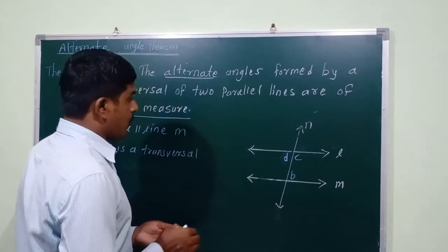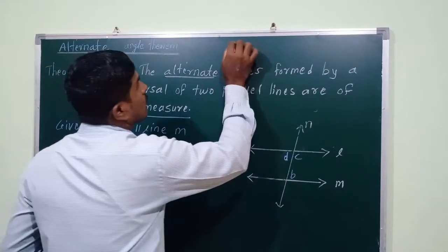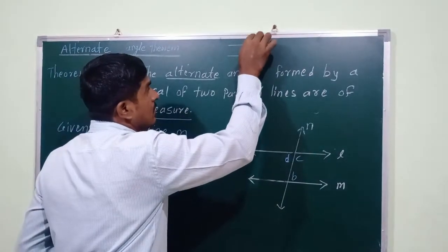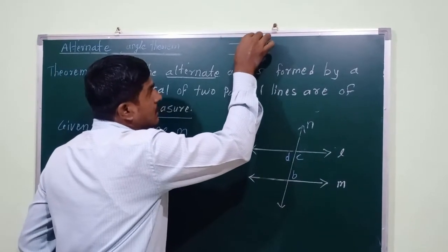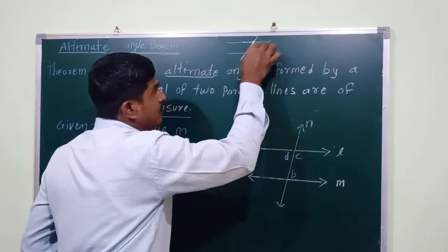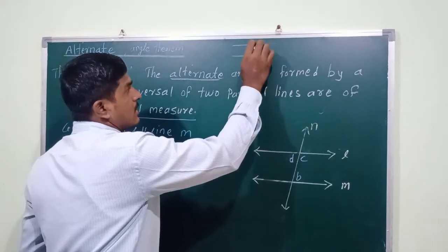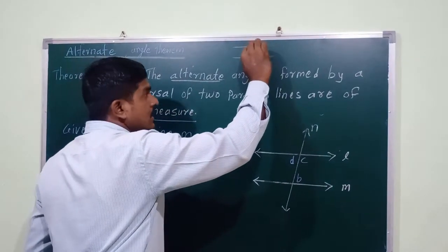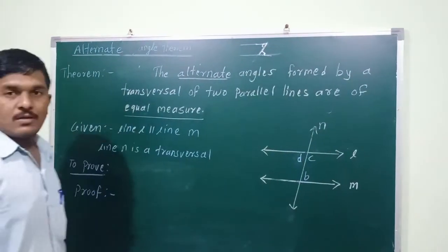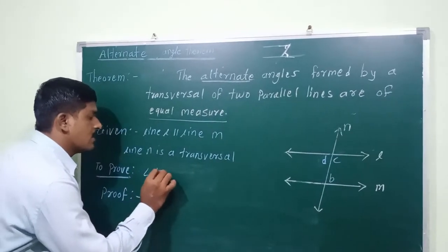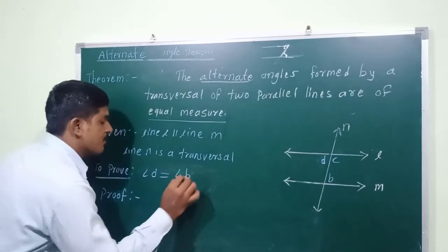Suppose these are two parallel lines and one transversal, forming the shape of the letter Z. In this Z there are alternate angles, that is, angle D is equal to angle B.